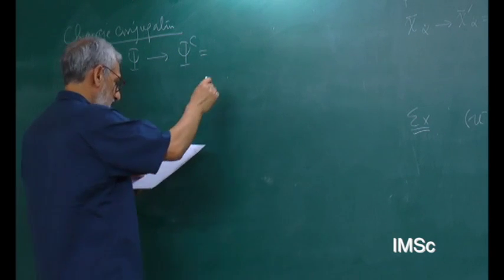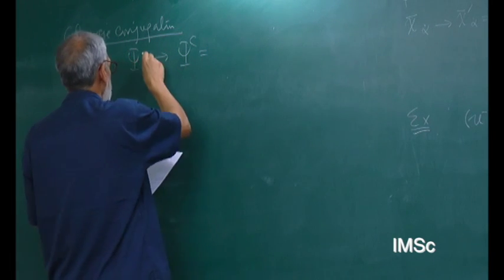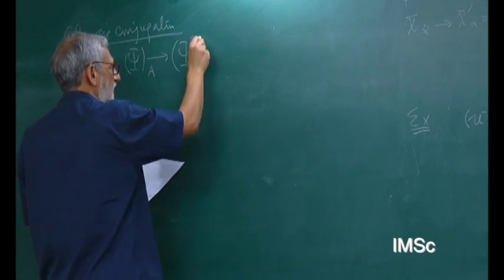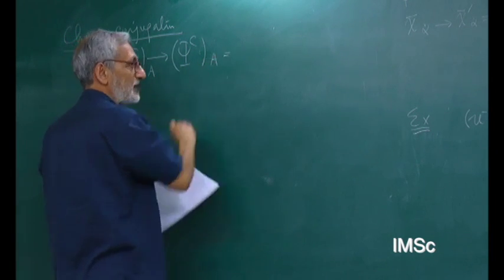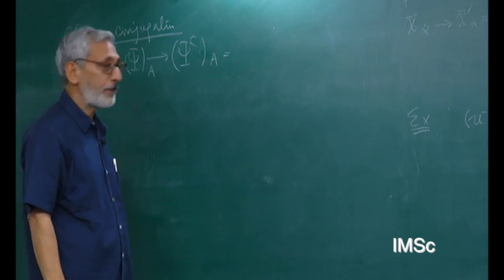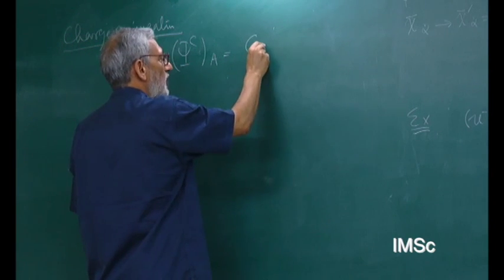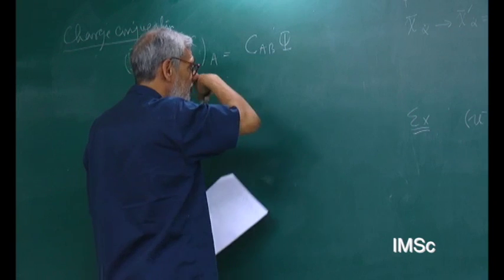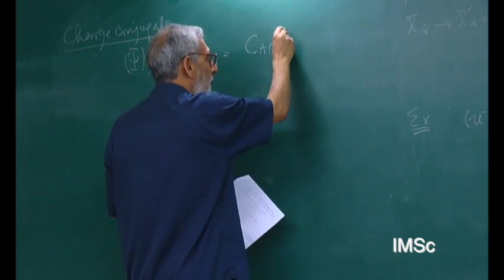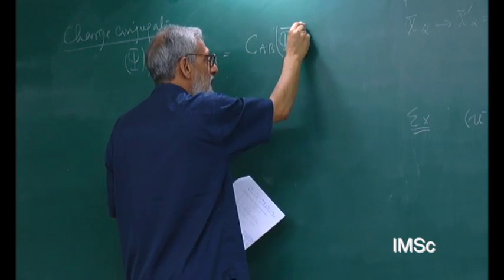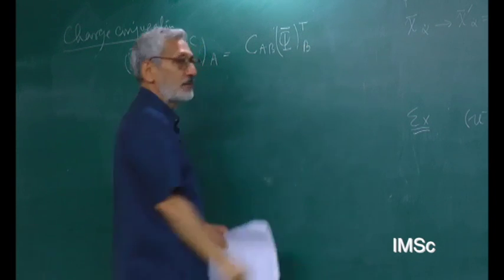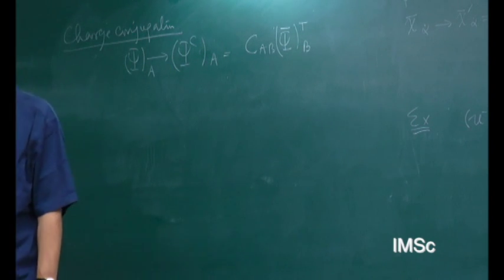Let me write a component also: this C is not a component, this is charge conjugation. This is a component A, a 4 component, equal to a charge conjugation matrix C_AB times psi bar transpose, B. That's the definition of charge conjugation.